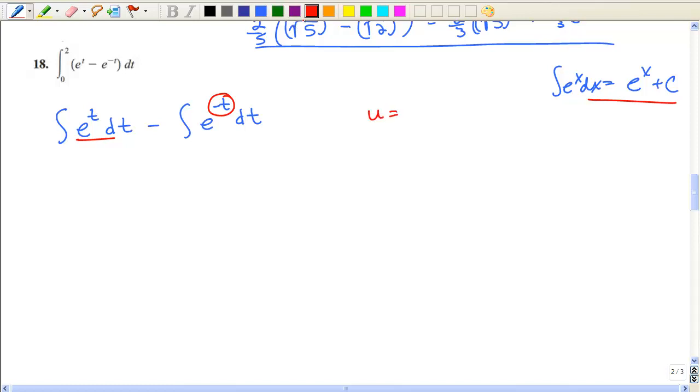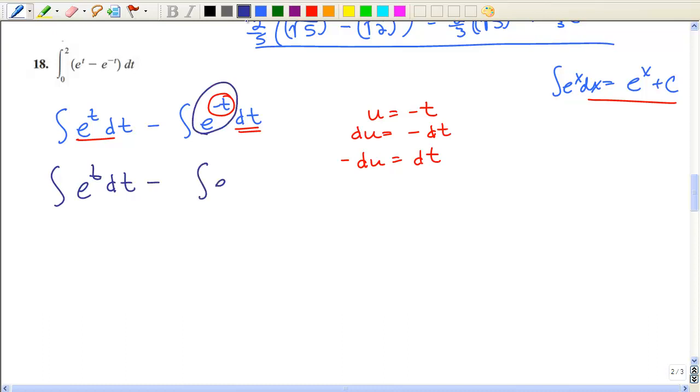So if I let u equal to negative t, then du is negative dt. And I just want to solve for dt, so if I divide both sides by negative 1, let's go ahead and write this. This is e to the t dt minus the integral of e to the u, and then dt right here is a negative du.